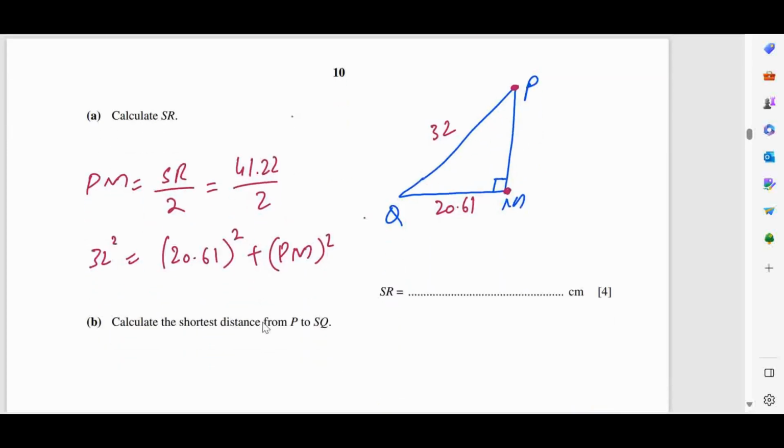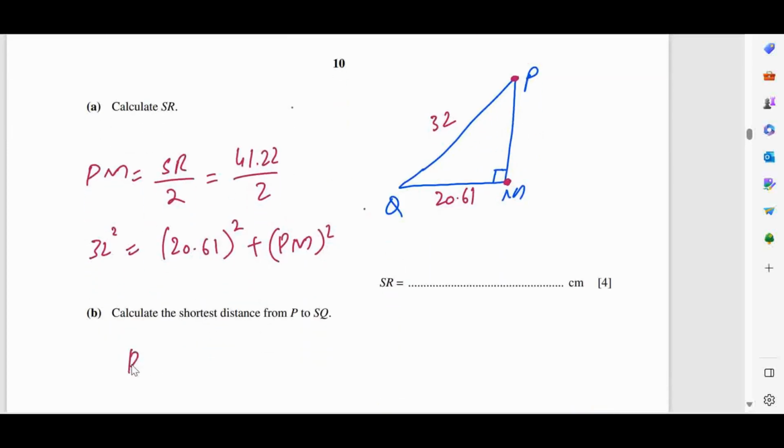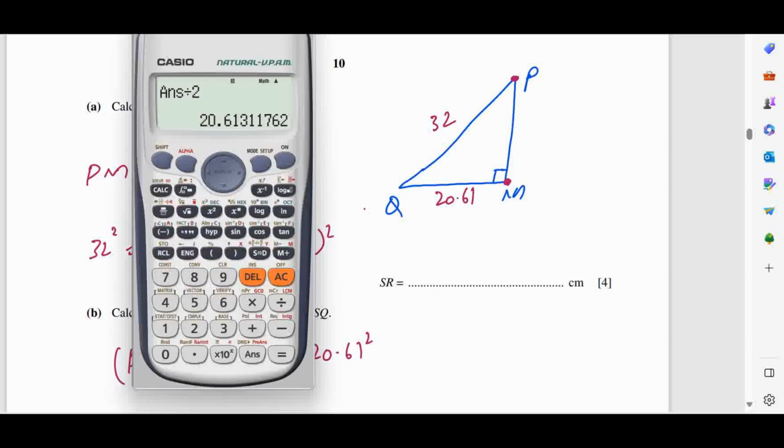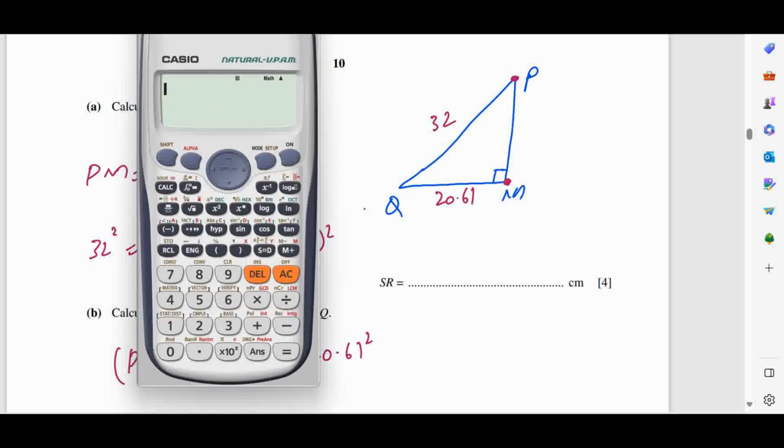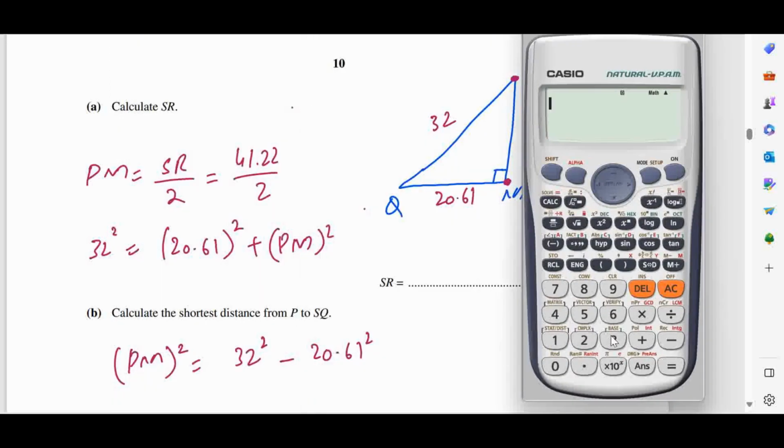So PM whole square will be equals to 32 square minus 20.61 square.